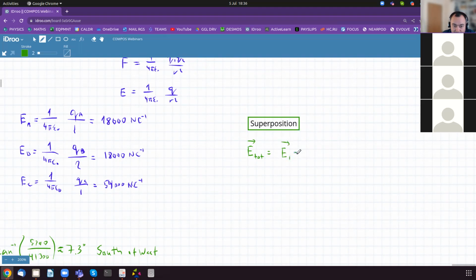It's the vector sum, E1, E2. And I've demonstrated it, so I was just adding vectors. Or simply you can say it's the sum of Ei, i from 1 to n. If you have n electric fields, the total electric field is the vector sum of all of them.